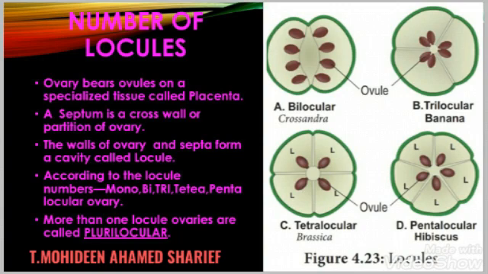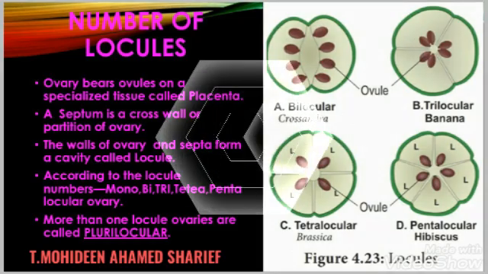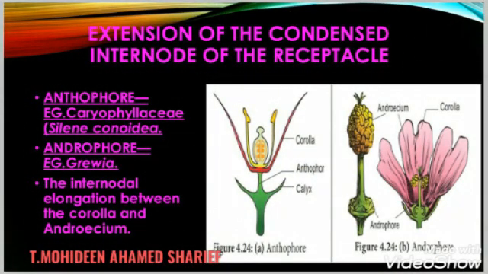The internodal elongation between calyx and corolla is called as anthophore, and the internodal elongation between the corolla and androecium is called as androphore, and the internodal elongation between androecium and gynoecium is called as the gynophore. So these three types are based on the extension of the condensed internode of the receptacle.